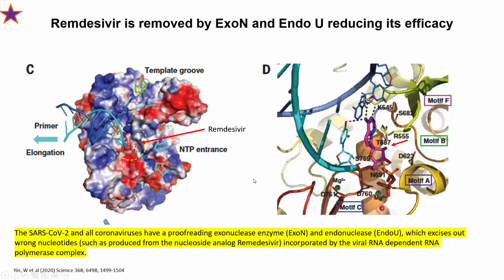It just can make the symptoms a little bit milder. The reason is the presence of the exonuclease EXO-N and the endonuclease ENDO-U. If the drug is misincorporated, they can remove it by the proofreading function of the RNA-dependent RNA polymerase complex. So that will do it.